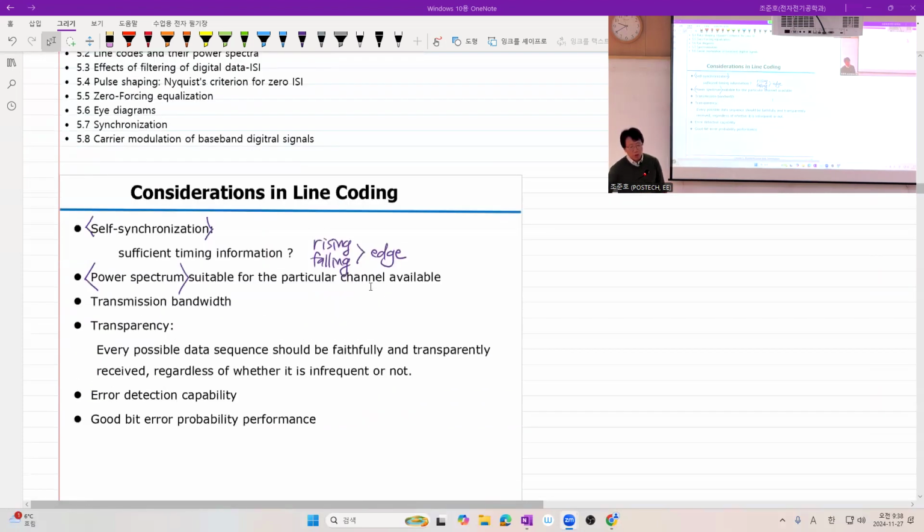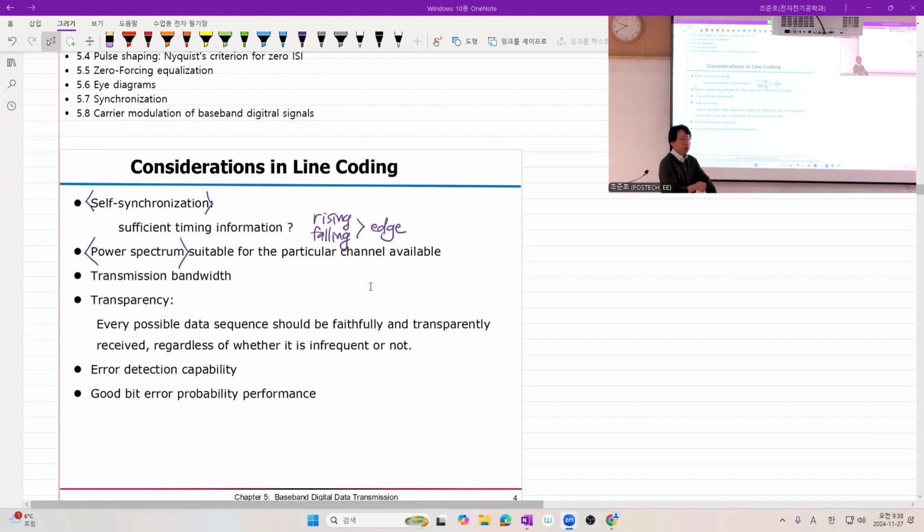So what was the most important block diagram in chapter 4? Communications problem is to design jointly the transmitter and receiver. And between transmitter and receiver, there is a channel. And at one end, you have an information source, and on the other side, you have an information destination or information sink. So please remember this one.